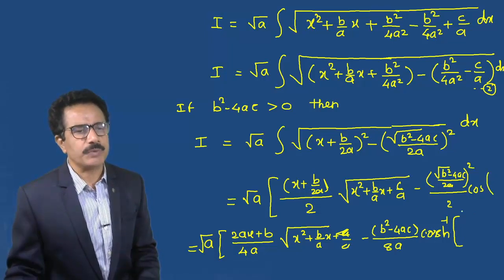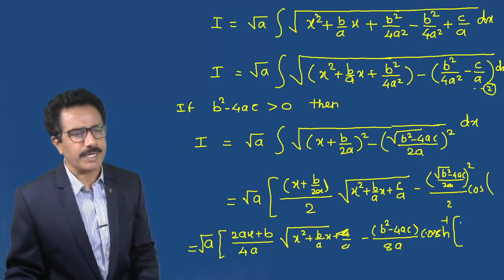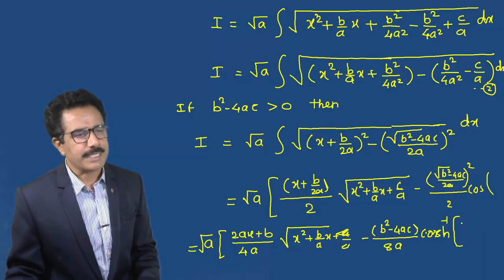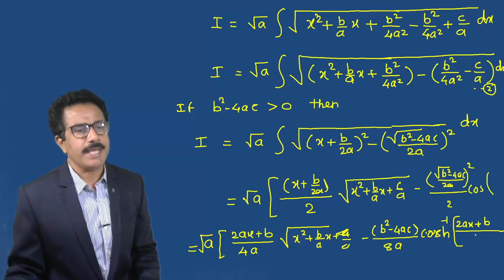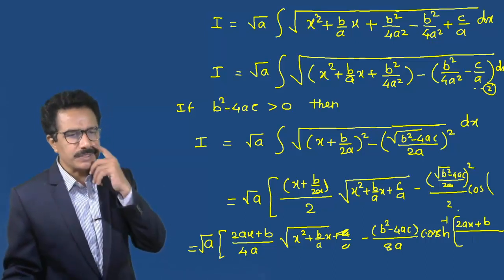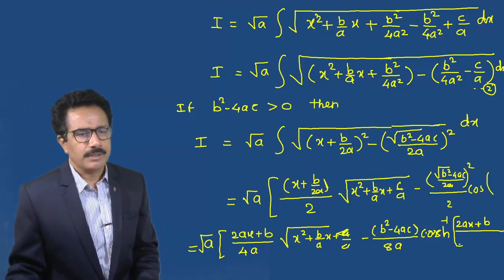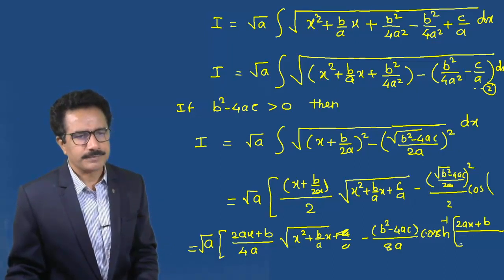X by a means put this value, taking the LCM, 2ax plus b divided by a, where a means this total term, root of b square minus 4ac.